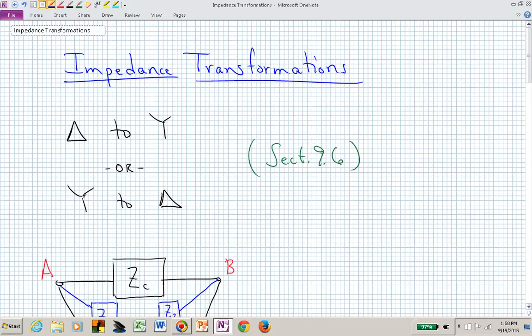Welcome back. In this short segment, I'm entitling it Impedance Transformations.